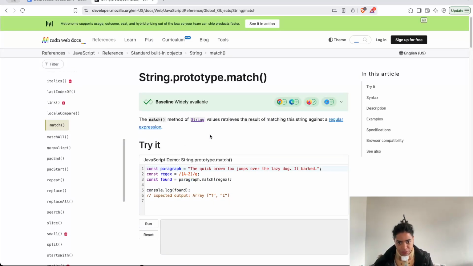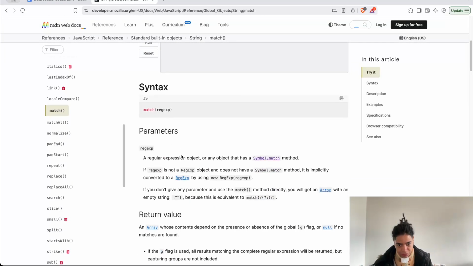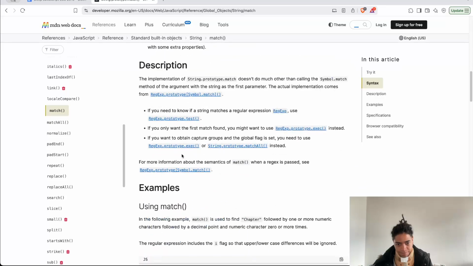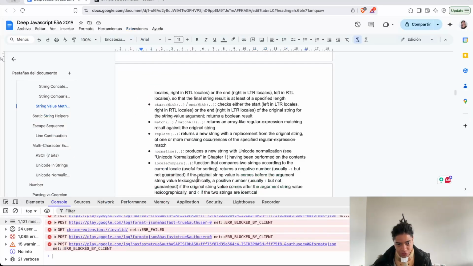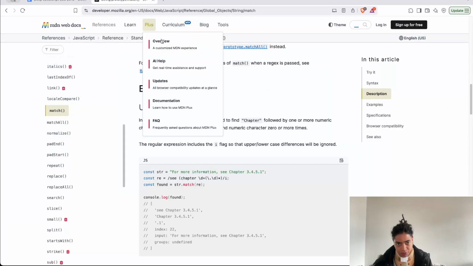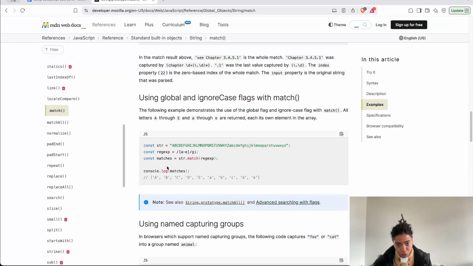So match here retrieves the result of matching the string against a regular expression, right? If we pass in a string, it will return you the first occurrence.